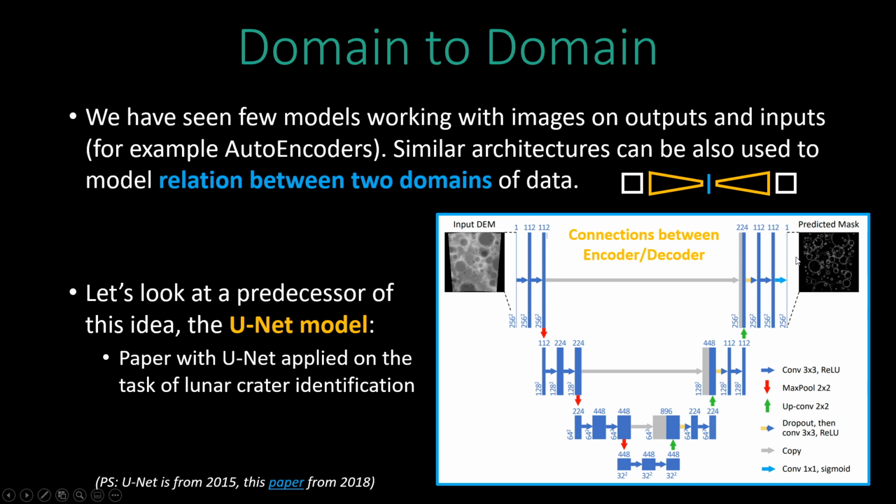So the model is similar to the idea of the autoencoder, where we are parsing an input image, reducing the dimensionality with convolutions and downpooling or downsampling layers, and then reconstructing that image back, and getting an image at the output.